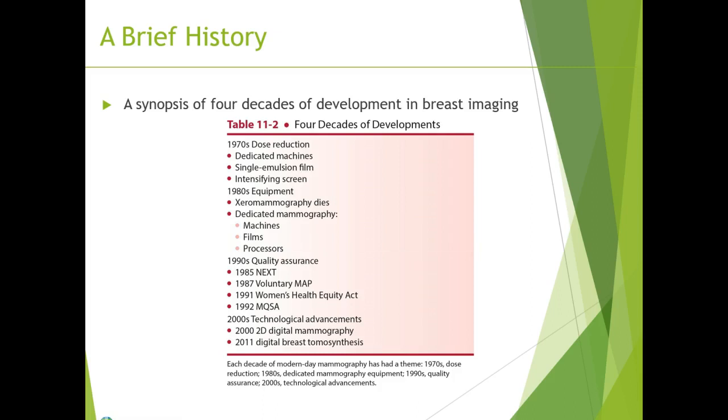In the 1980s, the dedicated mammography machine really moved into the next era where xeromammography went away and was replaced by the dedicated mammography machines, which was started by CGR, the French company, and then more refinement to our films, our film screens, and dedicated processing of the film.